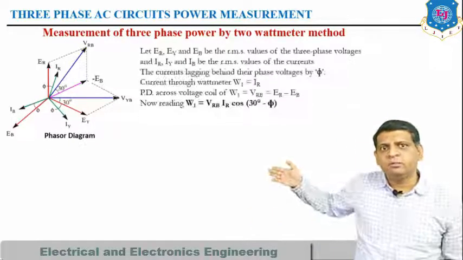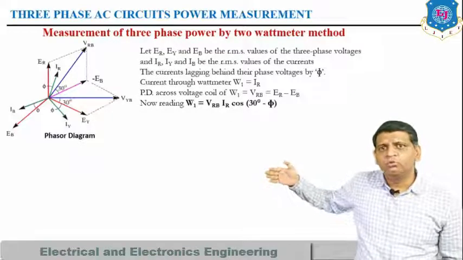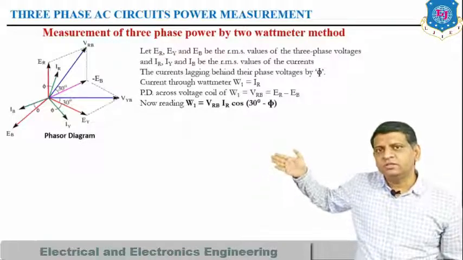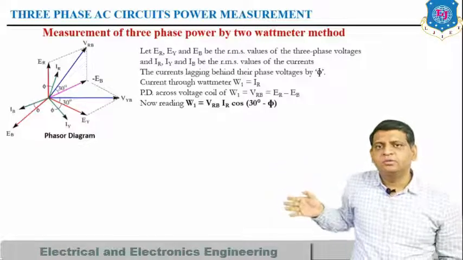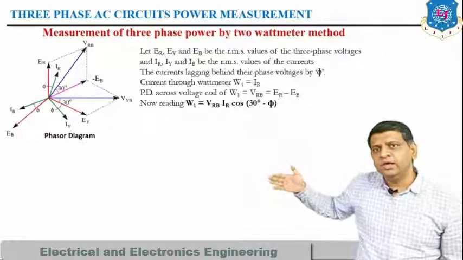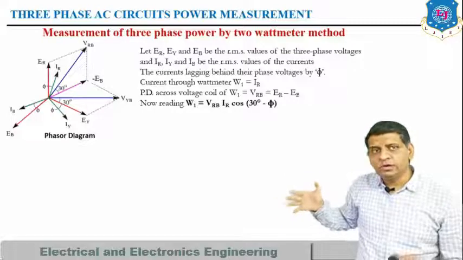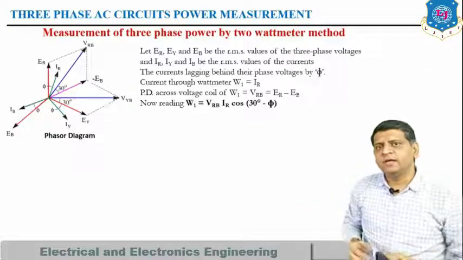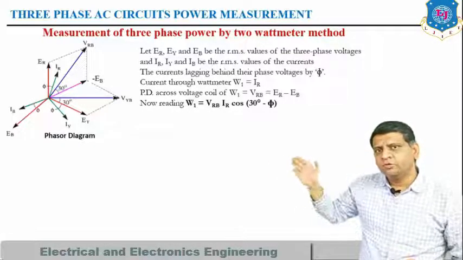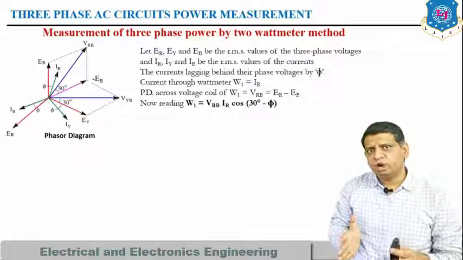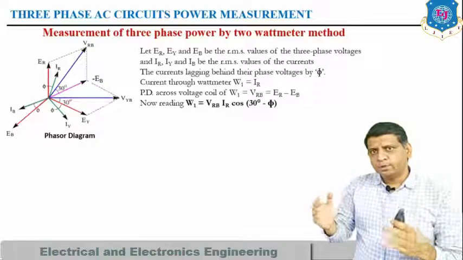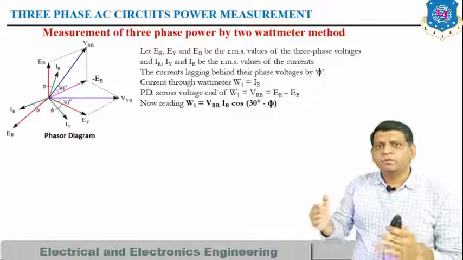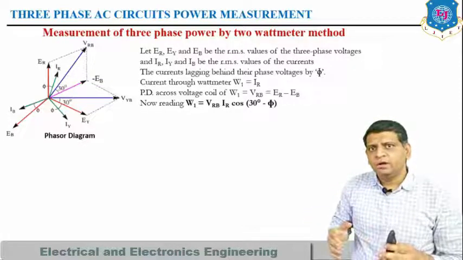The wattmeter reading W1: the current passing through W1 is IR, and the potential difference across W1 is VRB, which equals ER minus EB. So for the reading of W1 from this phasor diagram, you have to find the relationship between the current passing through the current coil and the potential difference or voltage drop available at the pressure coil.